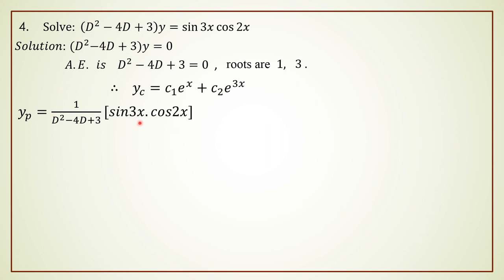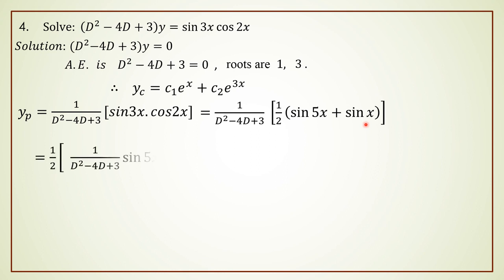What is sin a cos b? Sin a cos b is half of [sin(a + b) + sin(a − b)]. So sin 3x cos 2x is half of [sin(3x + 2x), that is sin 5x, plus sin(3x − 2x), that is sin x].